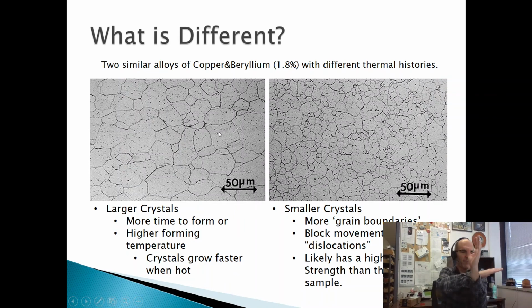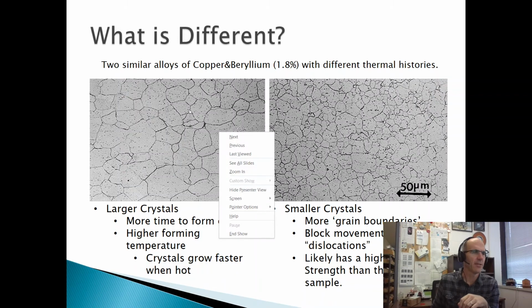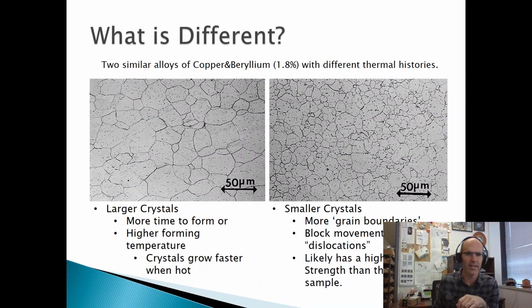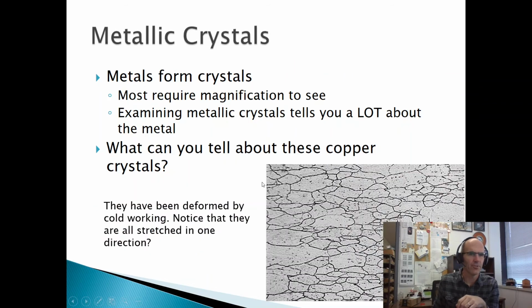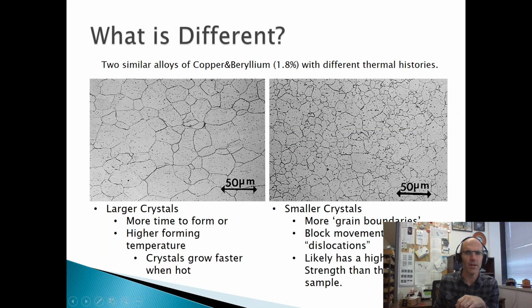Now, they're about the same height this way as they are length that way. And let's just go back one slide, and you're stretching them out so that they become long structures this way. So when you pull on that material, you're actually deforming things at the crystalline level.